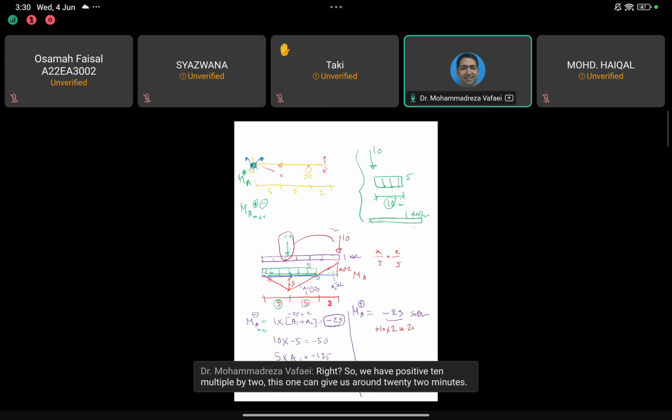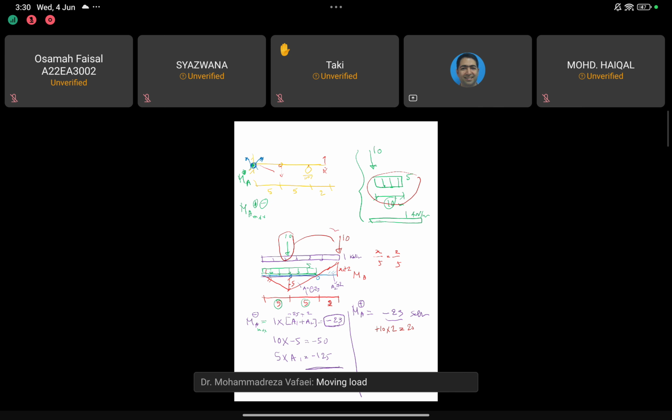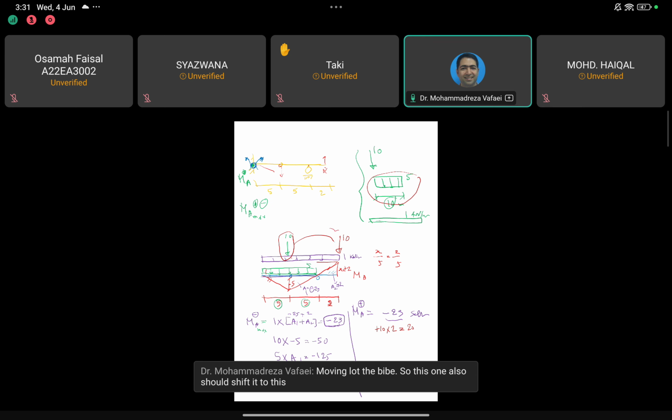Now we are left with this moving load, the 5. So this one also you should shift to this side, and it's going to cover from here to here. So 8 meters of the span is going to be covered with negative sign. This is going to be the 8 meters. And 2 meters of the span is going to be covered with positive sign.